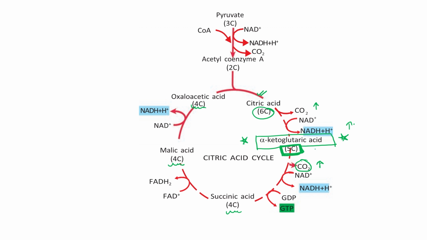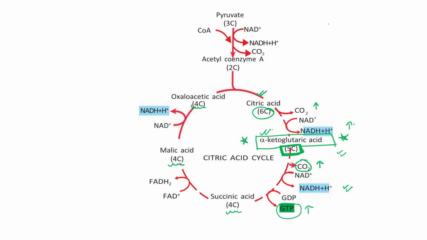So just before the production of alpha ketoglutaric acid and just after the production of alpha ketoglutaric acid, one molecule of carbon dioxide has been released, and on the same step one molecule of NADH has been generated. Clear? And after this step, 1 molecule of ATP or GTP is also produced.